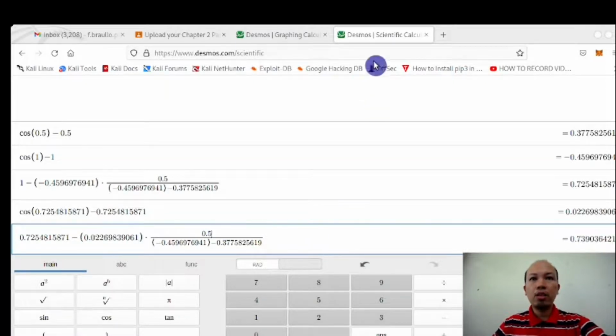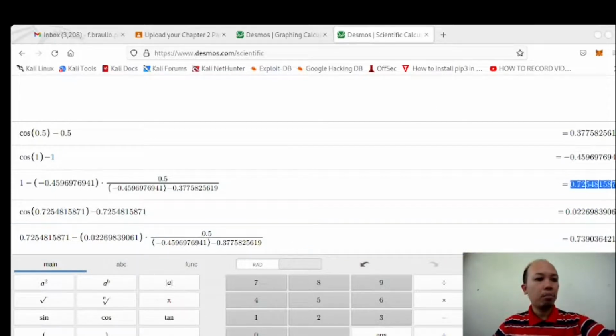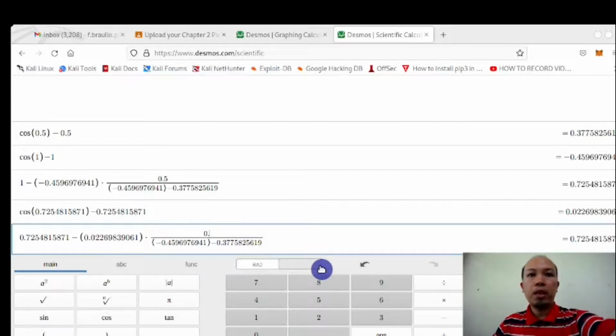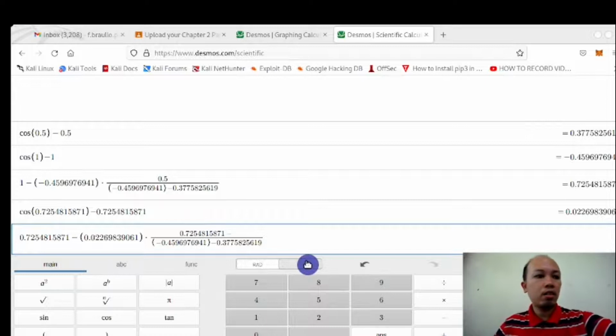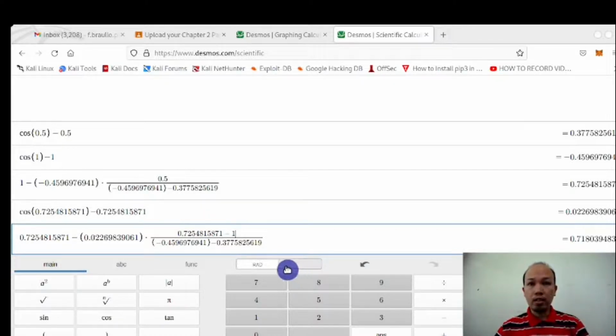And then the numerator is 0.725 p sub 2, this one here. Copy, minus 1, our p sub 1 is 1. And then our f of p sub 2 is this one here. Copy and paste.